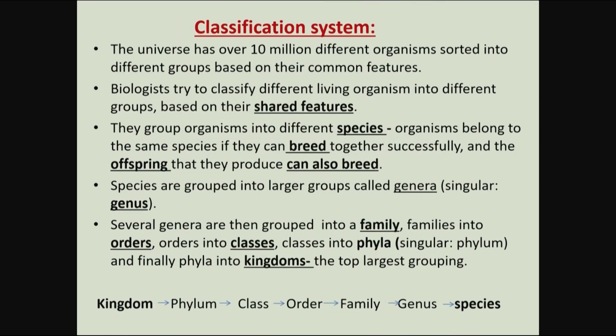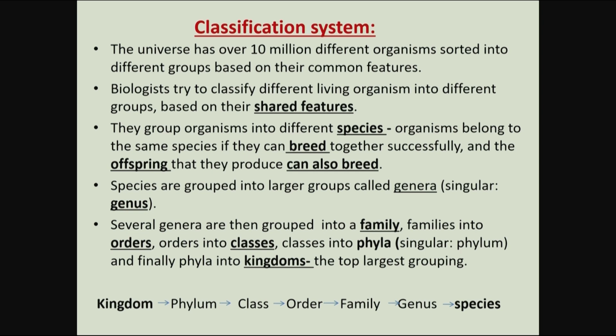Now, let's look at the classification system. As I said earlier, we have over 10 million different living organisms sorted into different groups based on their shared features. Biologists came up with a hierarchy for grouping living organisms, starting from the smallest grouping, called the species, up to the largest grouping, which is a kingdom.